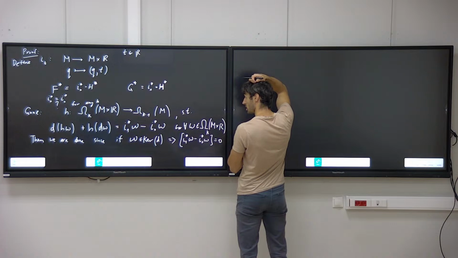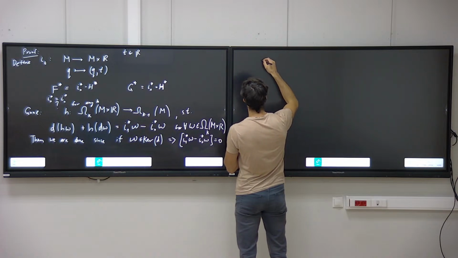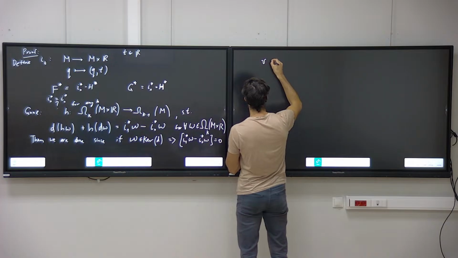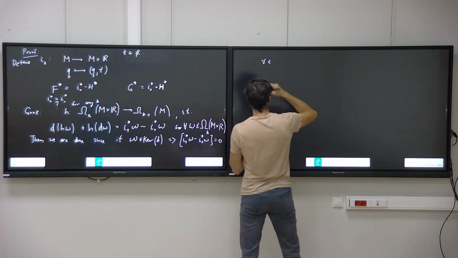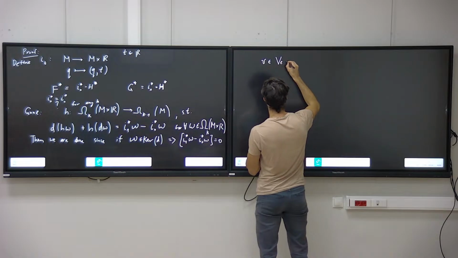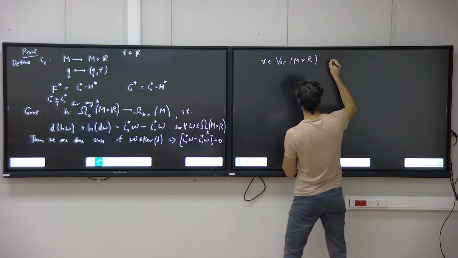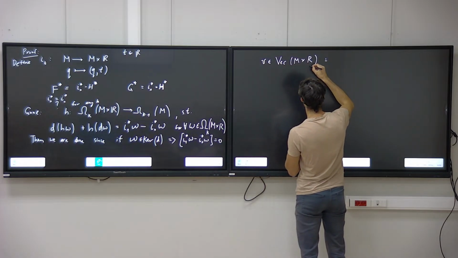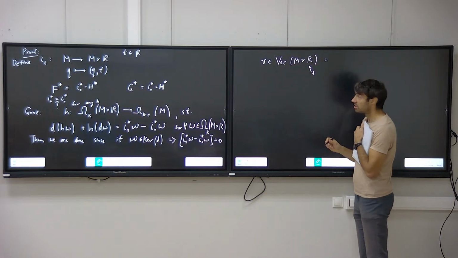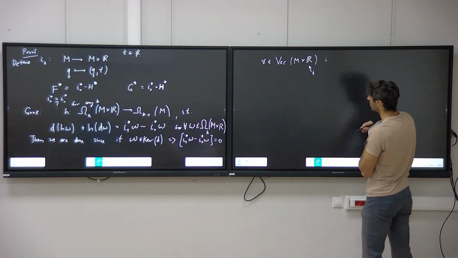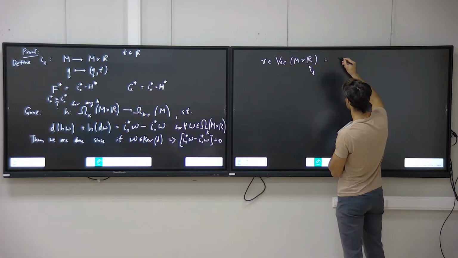But first, let me introduce a vector V. So this is from vector fields on M cross R, and if we have a variable t here, this is real numbers, then this is just d over dt.